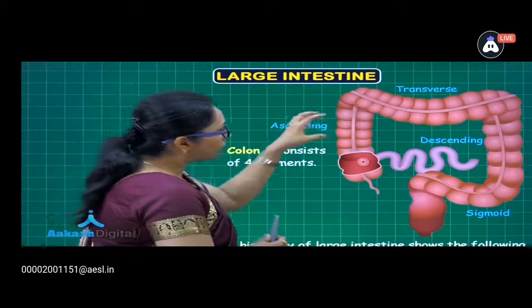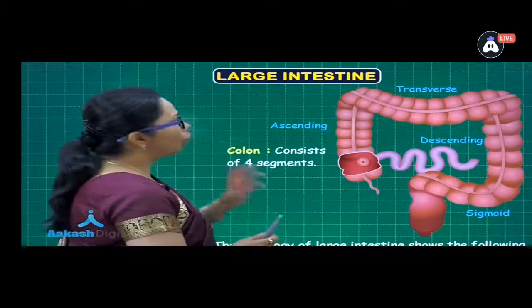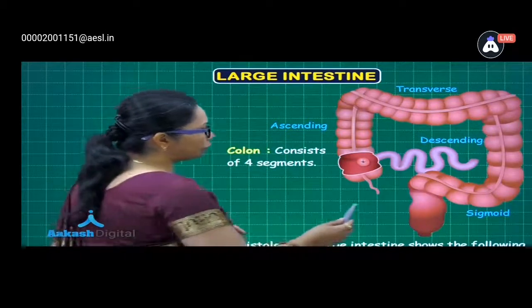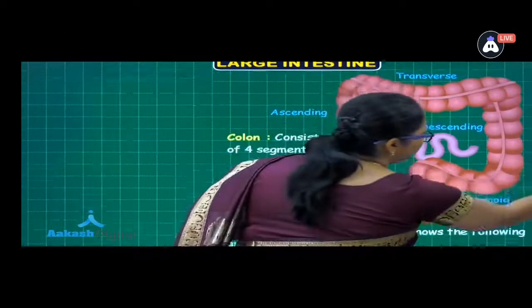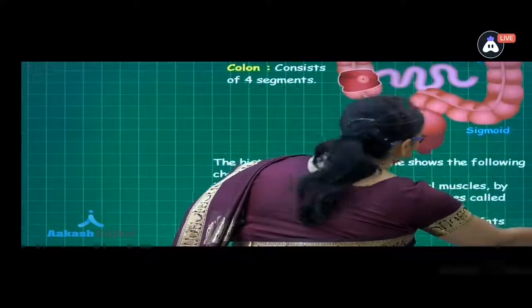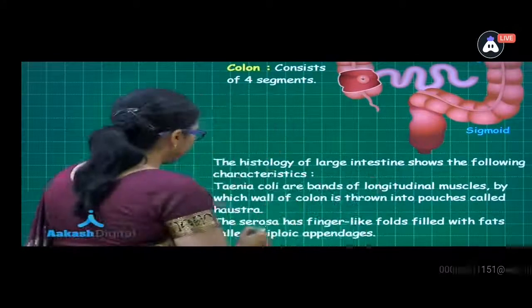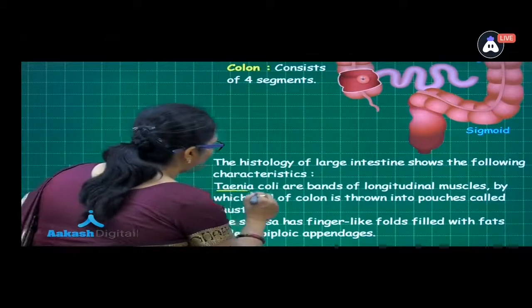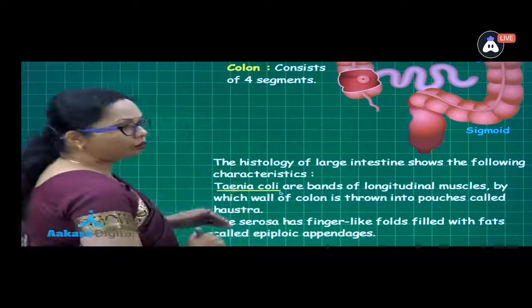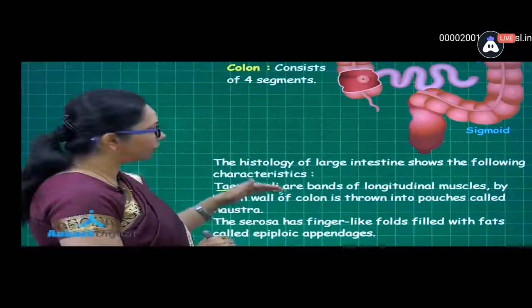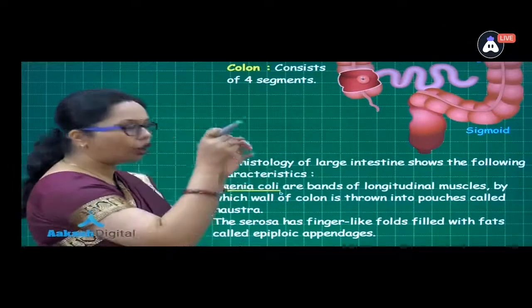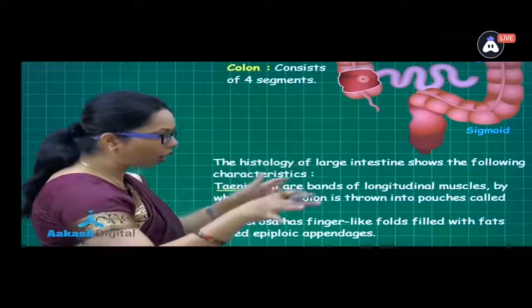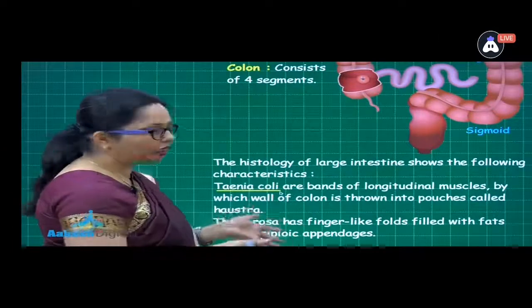Now the histology of the colon shows some very special features. We can just mention them, and these are taeniae coli. Now taeniae coli are bands of longitudinal muscles. We had seen in the muscularis that there are longitudinal muscles all along the entire circumference.